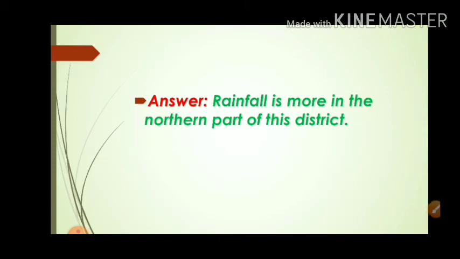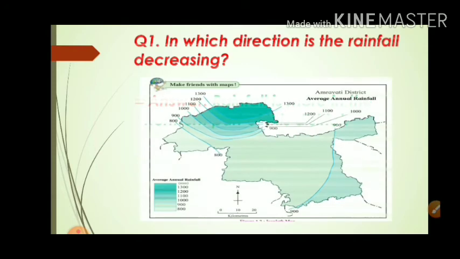Now we have to move to another question: in which direction is the rainfall decreasing? Here the northern side has more rainfall, right? But when we think about the other sides of this map, they have less or moderate rainfall.